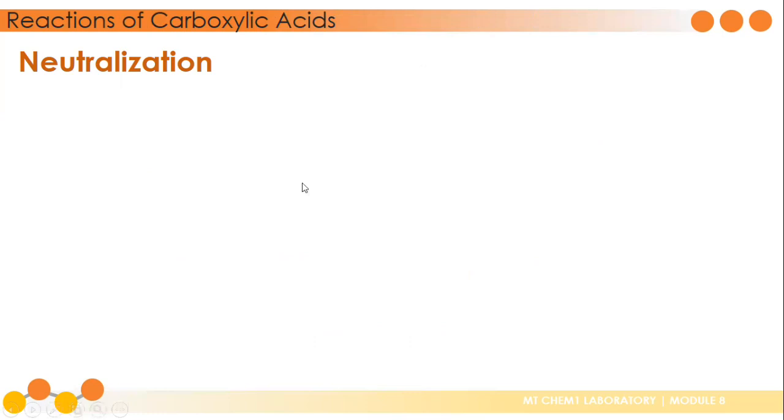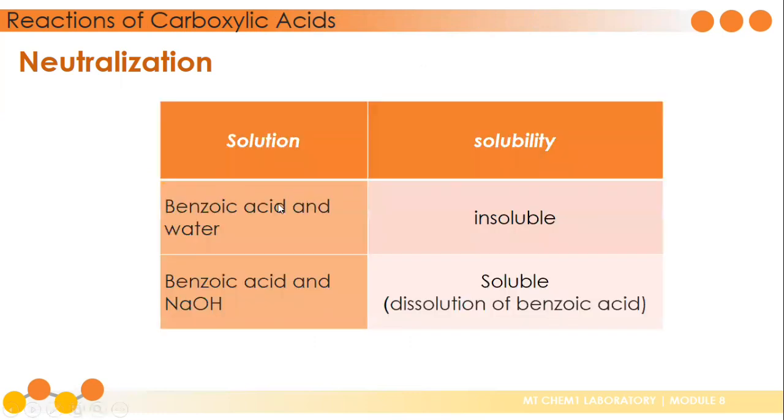Next is neutralization of carboxylic acids. For this part, we used benzoic acid and tried to mix it with water and sodium hydroxide, or NaOH. Upon mixing benzoic acid with water, it is insoluble. We have to remember that more than 5 carbon chain lengths will be insoluble in water.